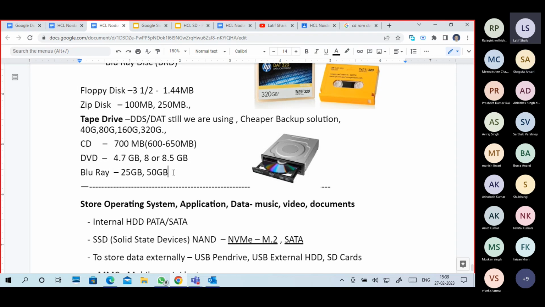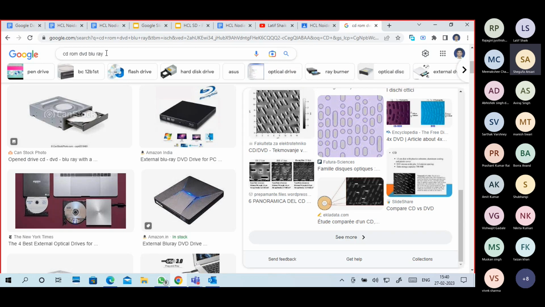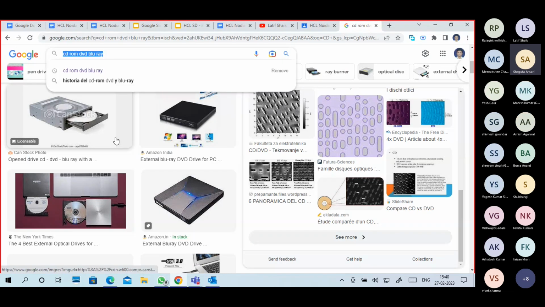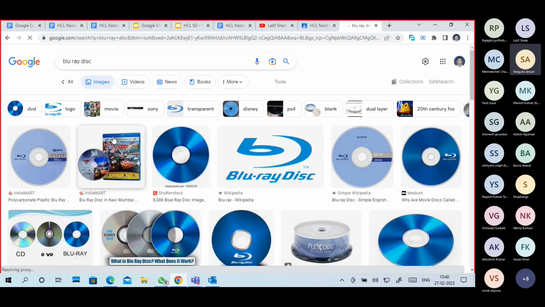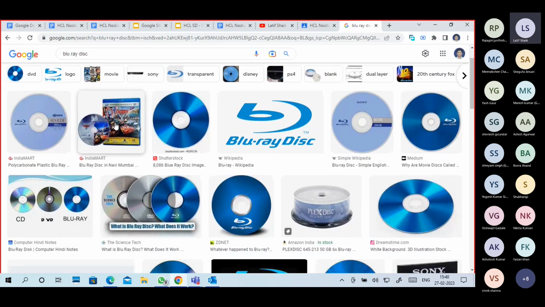CD-ROM, at that time CD was more powerful. Sir, what is the use of Blu-ray? We can store higher data. Sir, nowadays we are storing data using cloud technology. Yes. So why do we use Blu-ray?